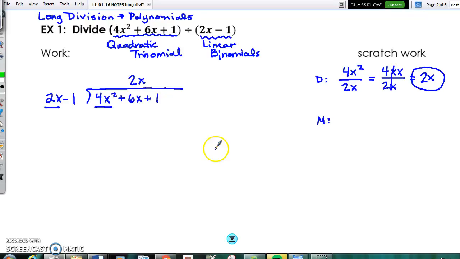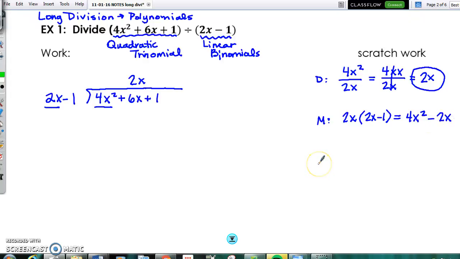Okay. Now just like yesterday, we take what we got, that 2x, multiply it now by what we're dividing by over here, this 2x minus 1. And if we distribute all that out, that's what? 4x squared, and then minus 2x.